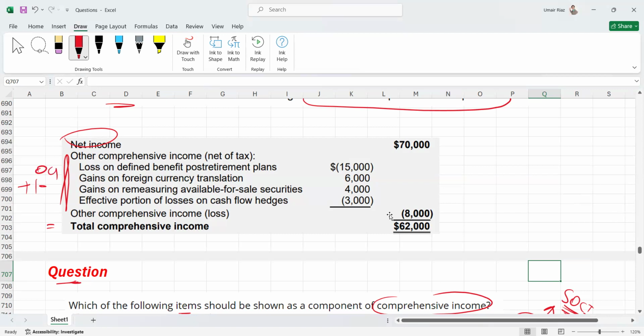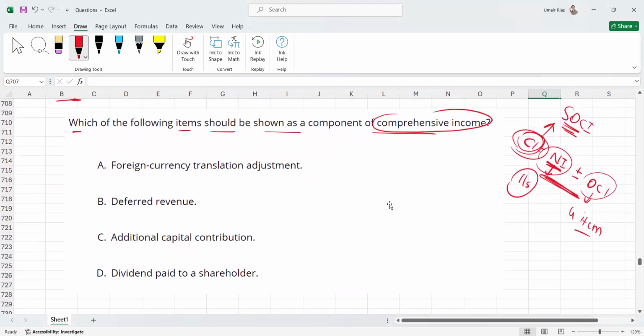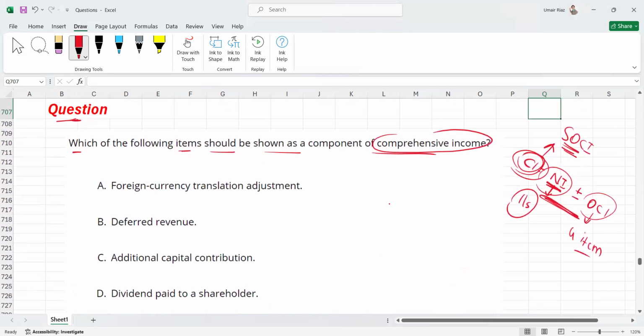Now, guys, I'm going to go through the questions quickly. So here we go. The question was, which of the following items should be shown as a component of comprehensive income? Please remember comprehensive income is also defined theoretically this way. This is the equation, net income plus OCI.